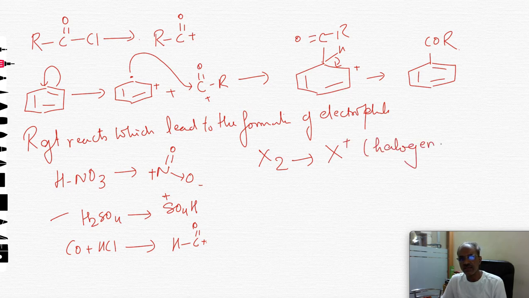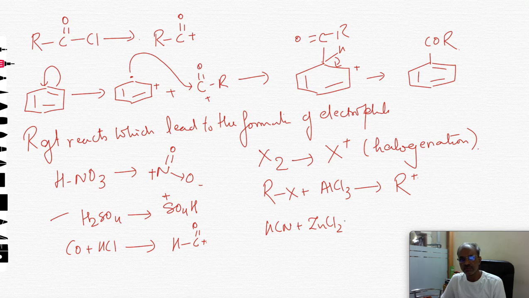X plus is generally used in the halogenation reaction of a hydrocarbon. Then RX plus AlCl3 leads to the formation of R plus. And HCN reacted with ZnCl2 leads to the formation of HC double bond NH plus.